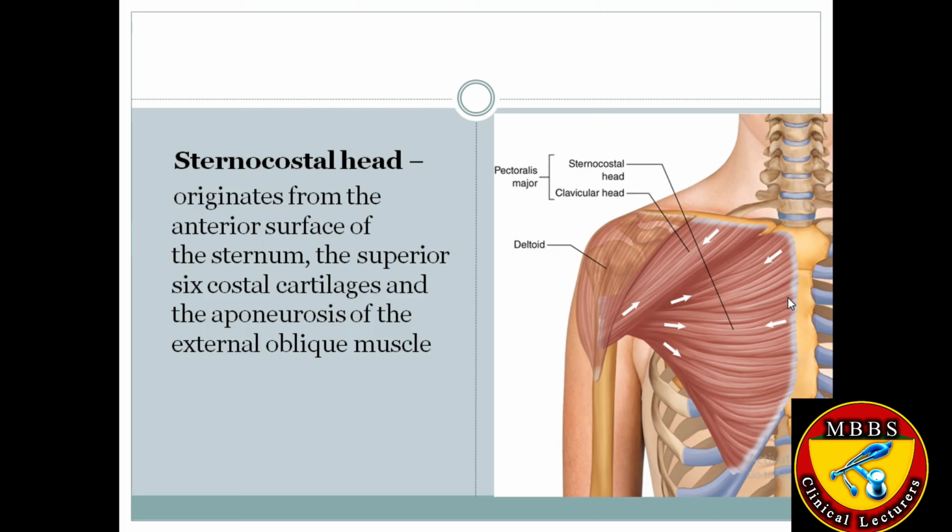Then, what is aponeurosis? Aponeurosis is a type of deep fascia. Their primary function is to join the muscle and the body parts they act upon. So, the sternocostal head originates from the anterior surface of the sternum, upper 6 costal cartilages, and the aponeurosis of the external oblique muscle.